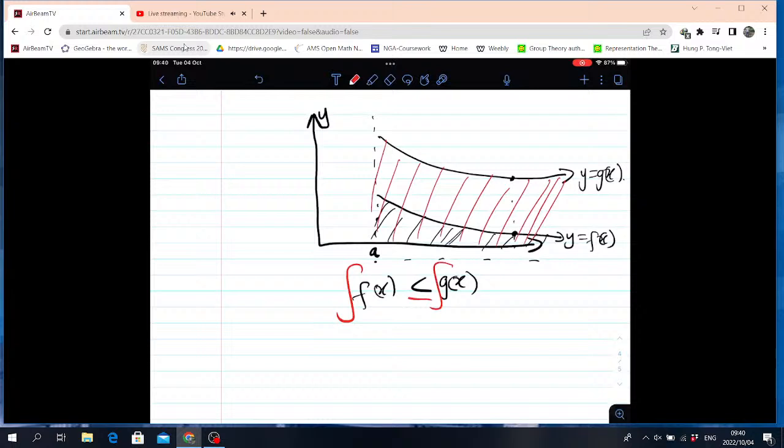So if this integral is convergent, and convergent means that it exists and it's a real number, then because this one is also less than or equal to that, it should also be convergent. If the bigger one is convergent, then the smaller one should be convergent.